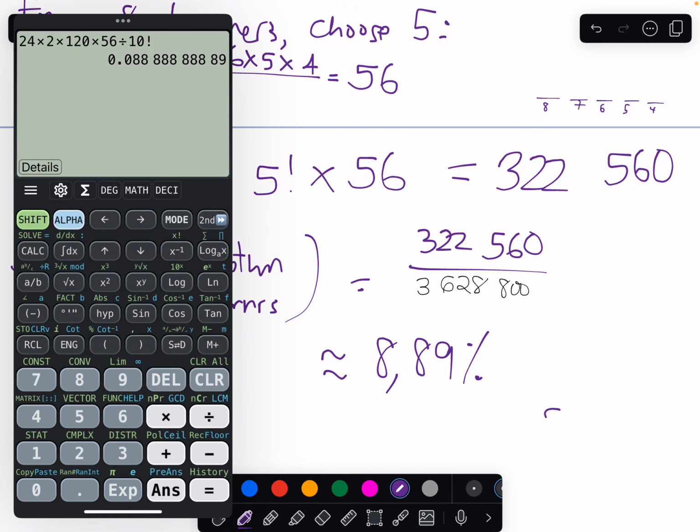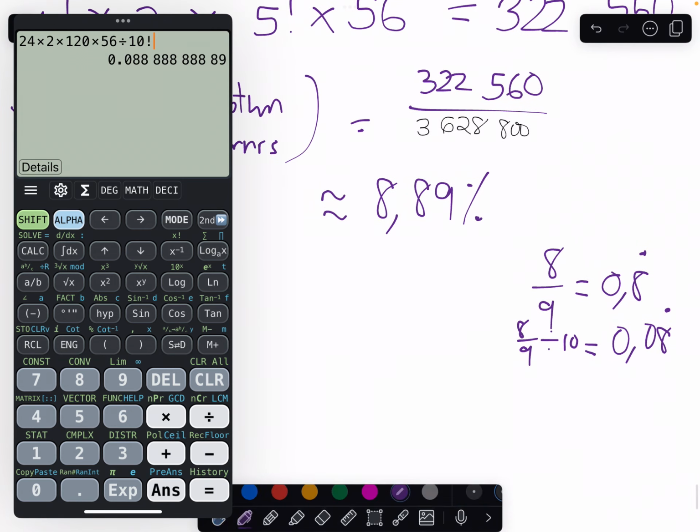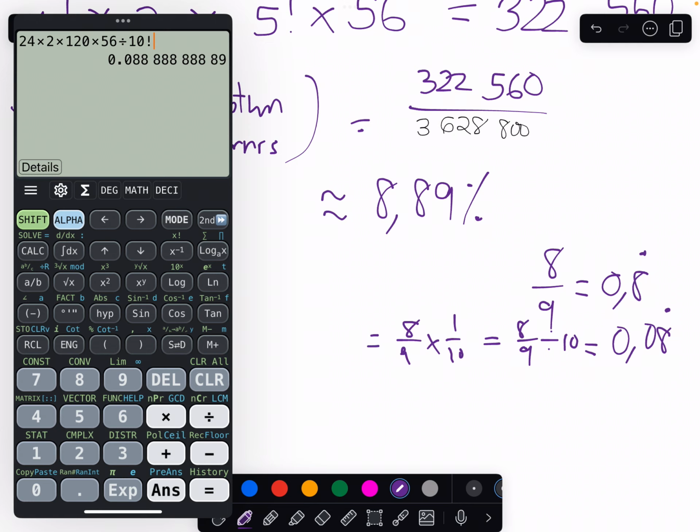I know that 8 over 9 is equal to 0.8 recurring. So 0.08 recurring would be 8 over 9 divided by 10. This is me just trying to see if it's the same as the fraction that is in the memo. So this is 8 over 9 times 1 over 10.